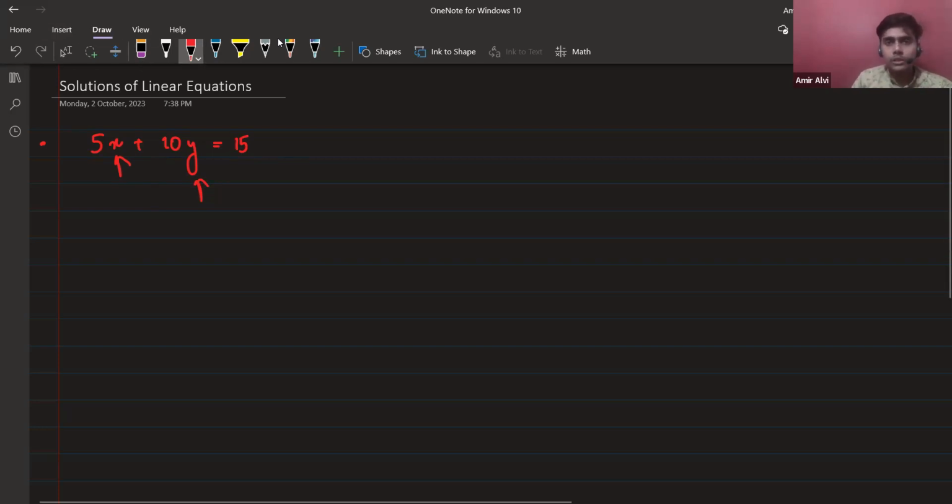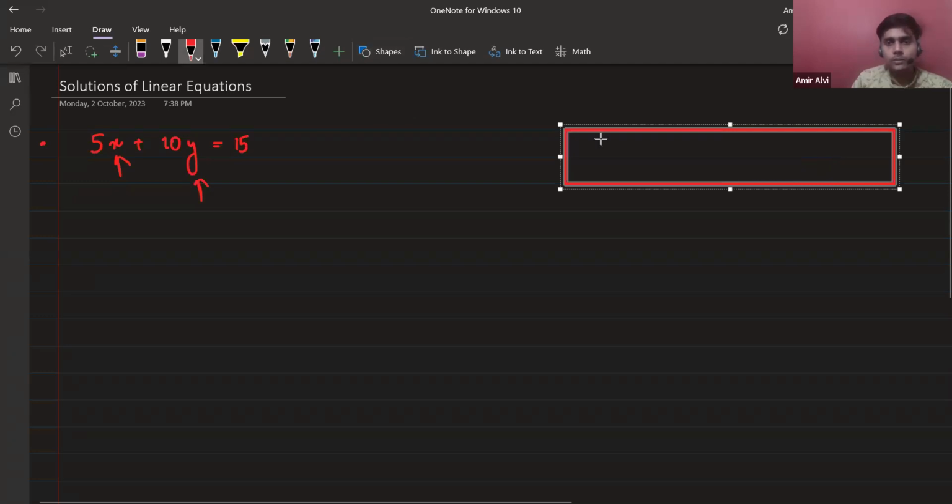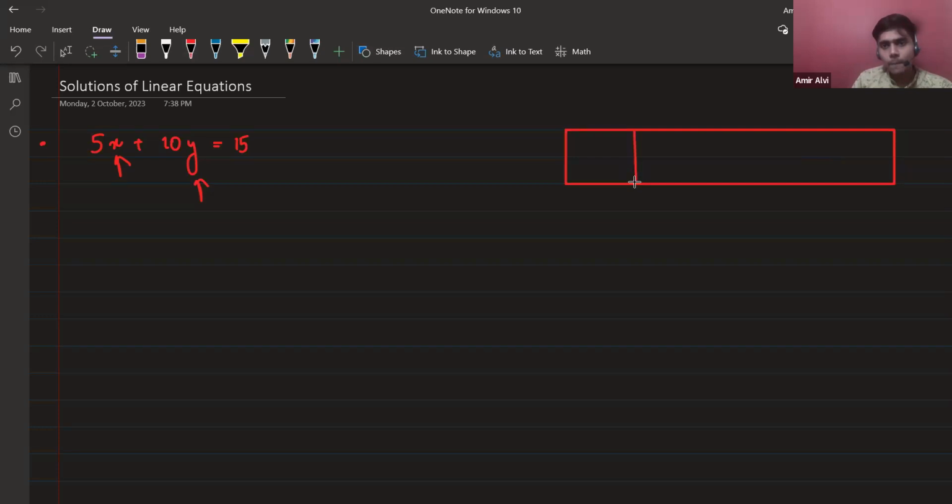Let me write down here. Let me make a box here so that you can understand a little bit. Suppose this is a box in which the equation is 5x plus 10y equals 15. x and y.